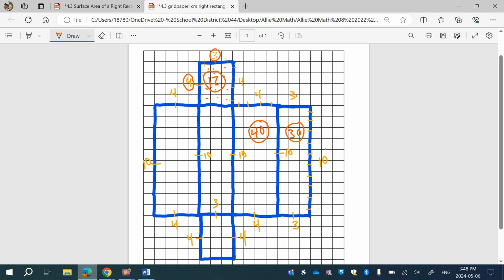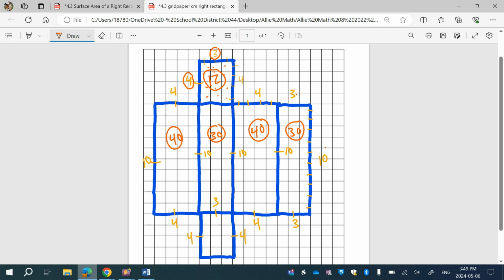This one as well is 3 times 10, so 30 right there. This one here is 4 times 10, so 40. And this last one down here, 4 times 3 is going to be 12. So you notice we've got a 40 and a 40, a 30 and a 30, and a 12 and a 12.